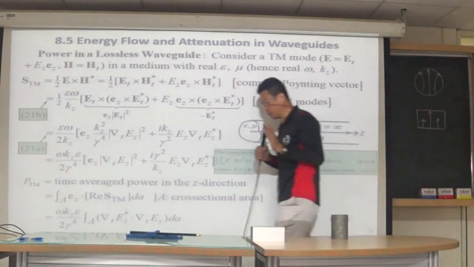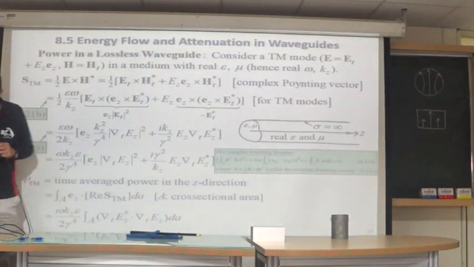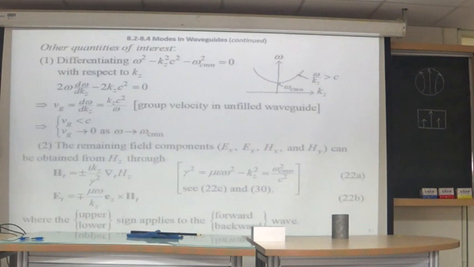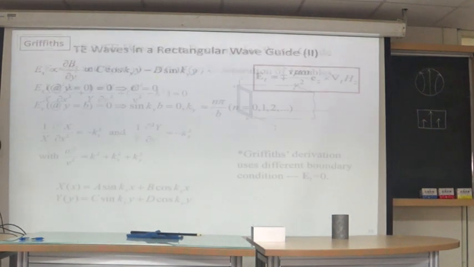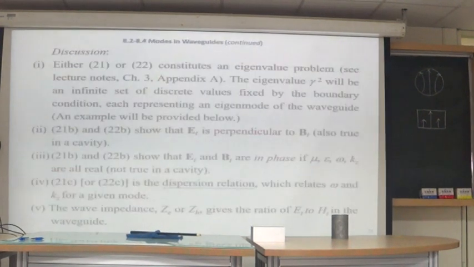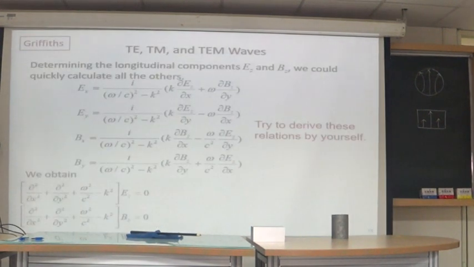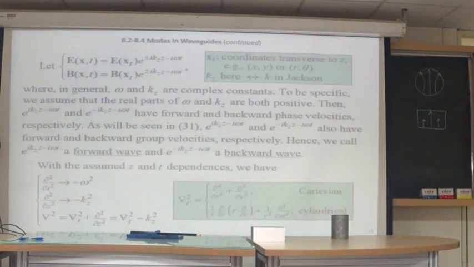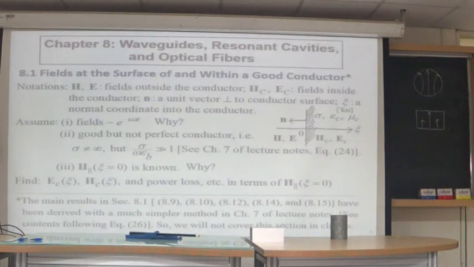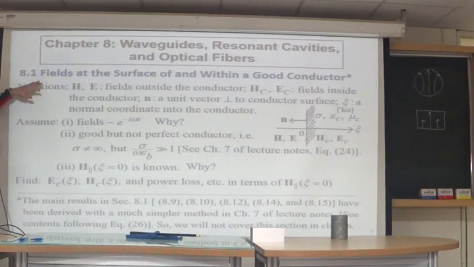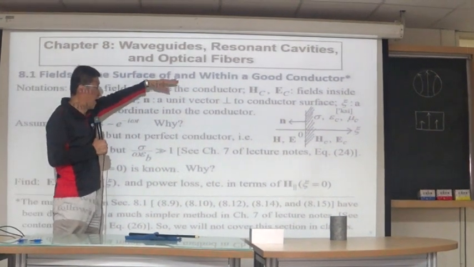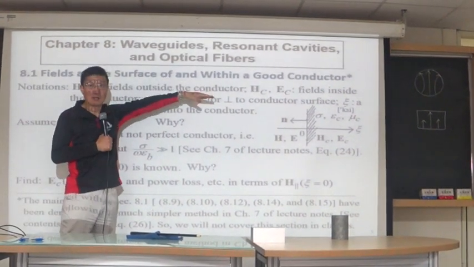Just a moment. Maybe I should tell you something. Right from the beginning, Jackson used a very interesting title here: fields at the surface of and within a good conductor.